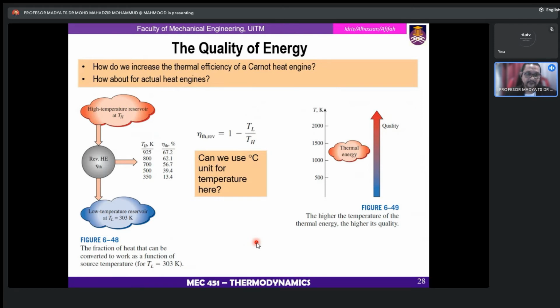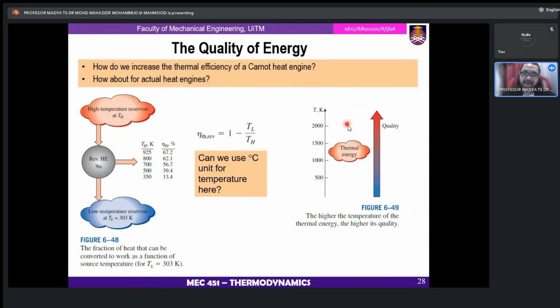Looking at the diagram of two reservoirs at high temperature and low temperature, when the temperature of the high temperature reservoir or source is higher, the thermal efficiency of the Carnot engine increases. The higher the temperature of the thermal energy, the higher its quality.